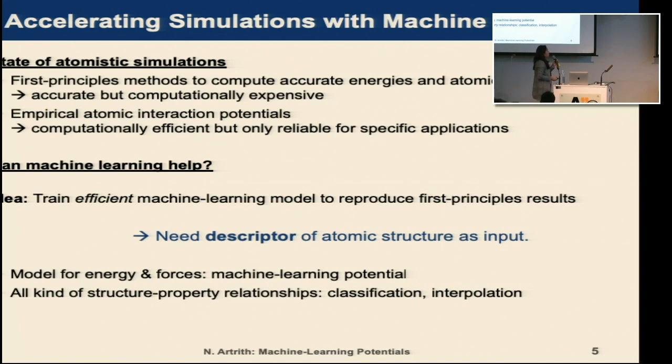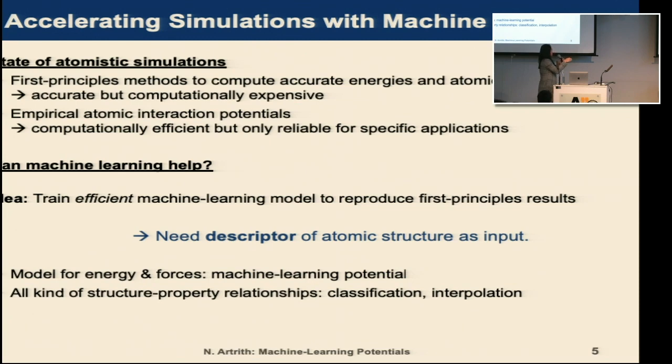So can we use machine learning to help us accelerate our work, or to extract information from accurate first principles? This is the state of atomic simulation.